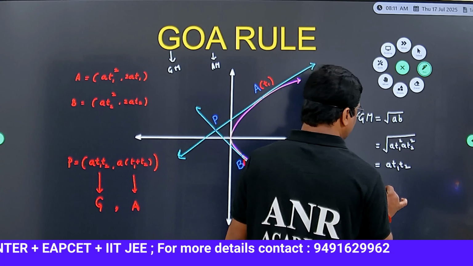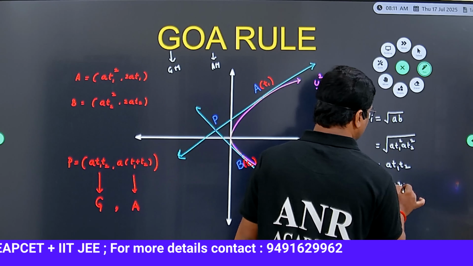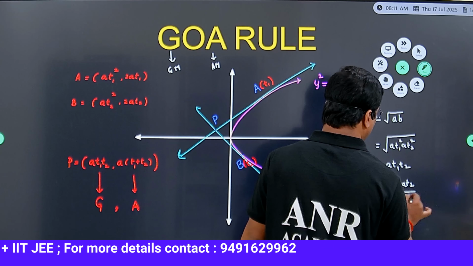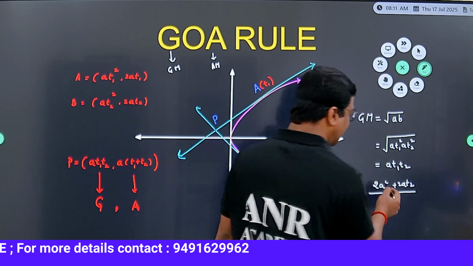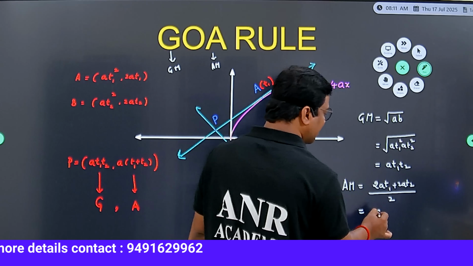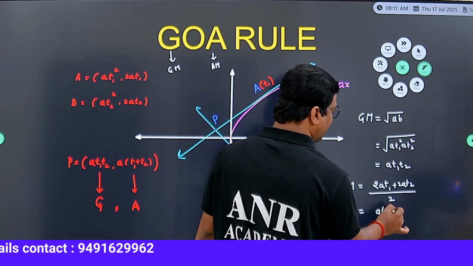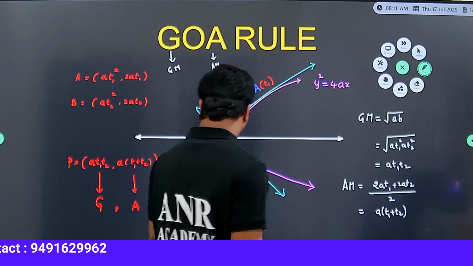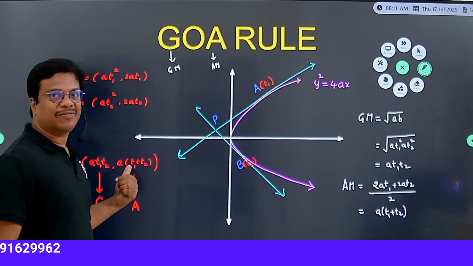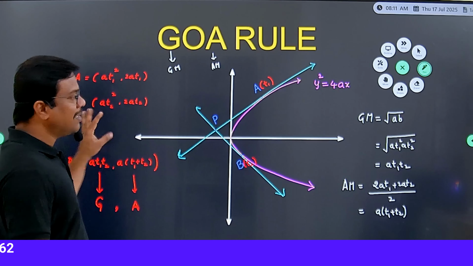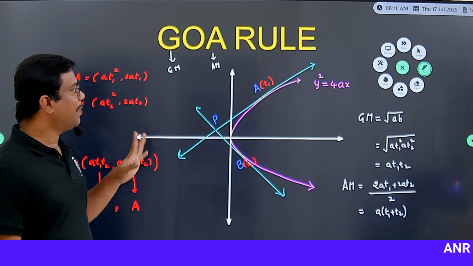That is first term plus second term divided by 2. On simplification, it gives the result a of t1 plus t2. So that is y coordinate of point P. So in this way you can easily remember the point of intersection.